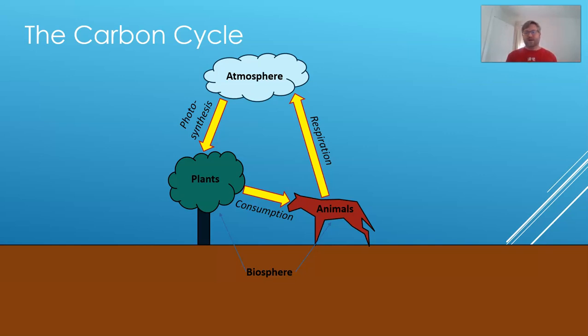Then animals come along and eat the plants. So we have consumption as a flow from the stock that's in plants into animals. Animals like ourselves are also mostly made out of carbon-based molecules. So we take those on from plants and we break them down to release that energy that plants had stored there, and that's what gives us our energy.